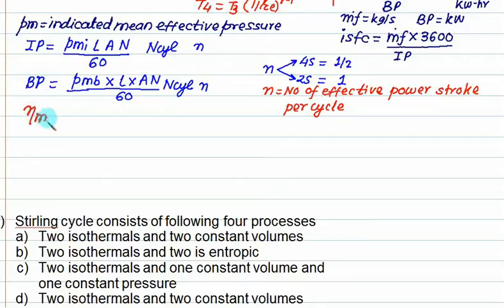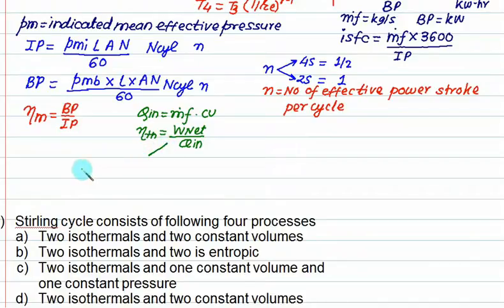Mechanical efficiency in this case is defined as BP upon IP. BP is always lower as compared to IP. Heat supplied is given by mass of fuel multiplied by calorific value, and thermal efficiency is given by W net by Q in. We have two versions of power, one is brake power and one is indicated power, and therefore we have two versions of thermal efficiency.